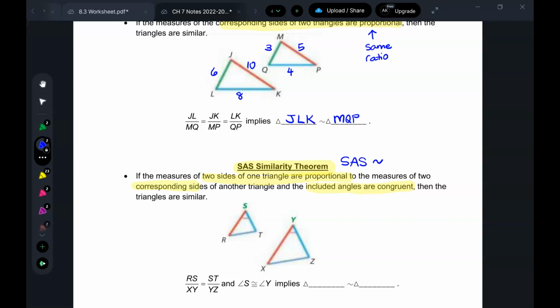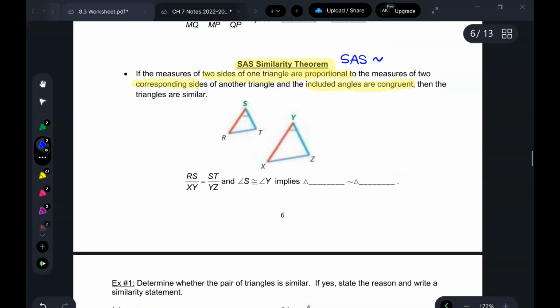So two sides have to be proportional, and the included angles have to be congruent. So what two triangles in this picture are similar? SRT and Y. Oh, you want to do SRT? That's fine. If I do SRT, then I have to start with YXE.